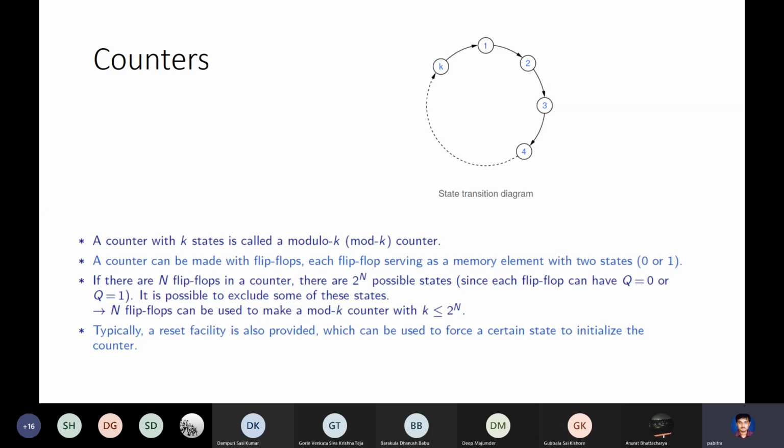In fact, we didn't study a multiplier, but it's also easy to build one. These we would call the arithmetic operations that you can have using simple logic circuits.